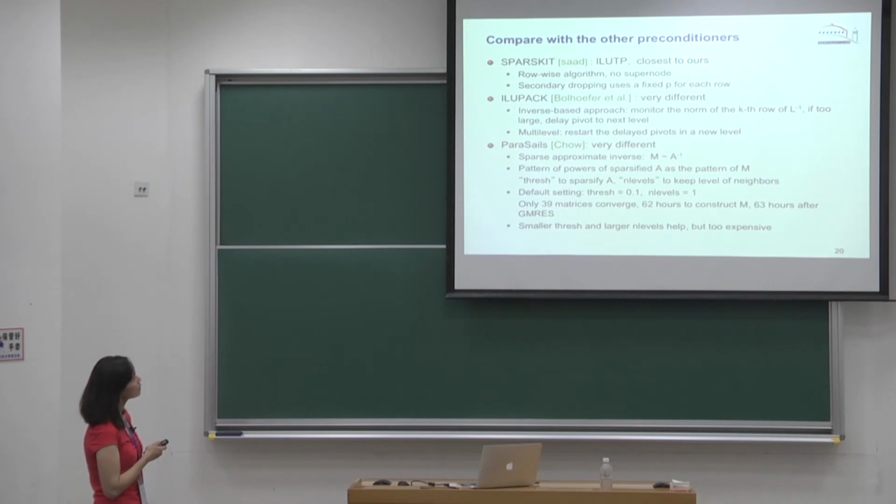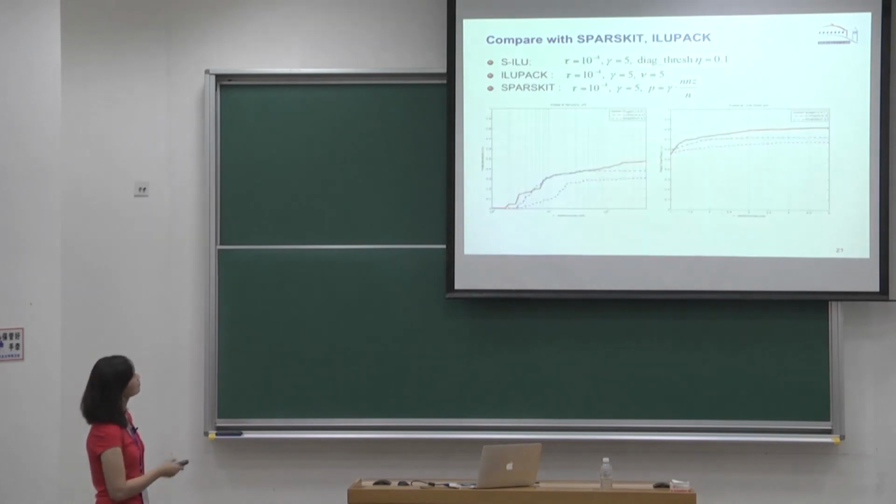Not only is its failure rate high, but it also takes a long time even for those that converge. It takes 62 hours to construct the approximate inverse, and then after that, 63 hours to do the GMRES. So in the end, we say we're not going to compare with that.